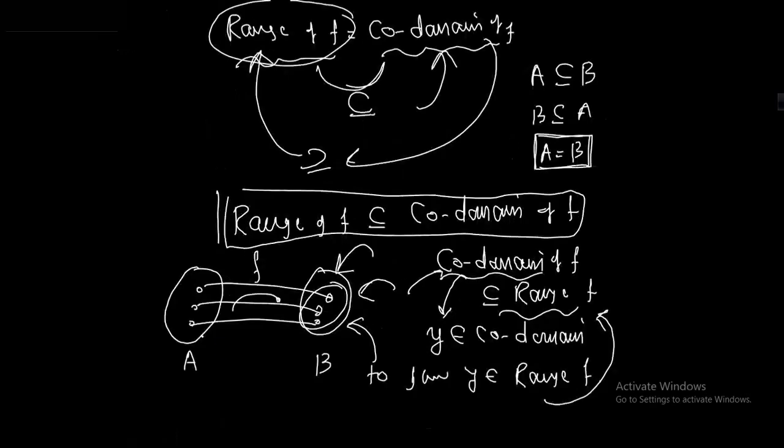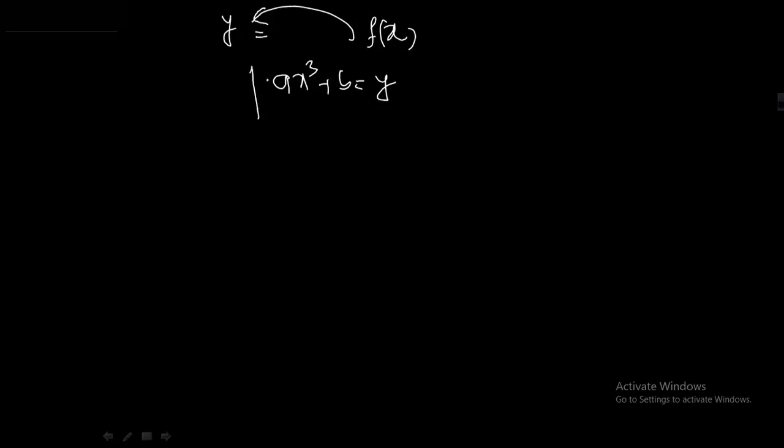Since we have to show that this function is onto, we have to prove that for some y there exists an x such that the image of this x is equal to y, that is ax³ + b will be our chosen y. That means we have to show that for our chosen y there exists an x belongs to the domain such that a into that x³ + b will be our chosen y.